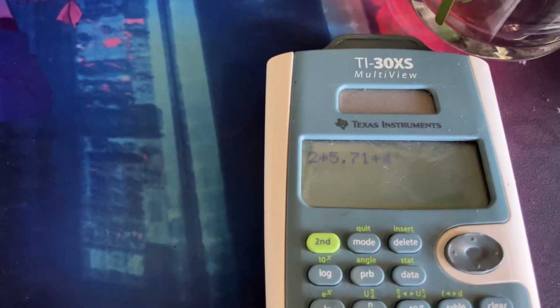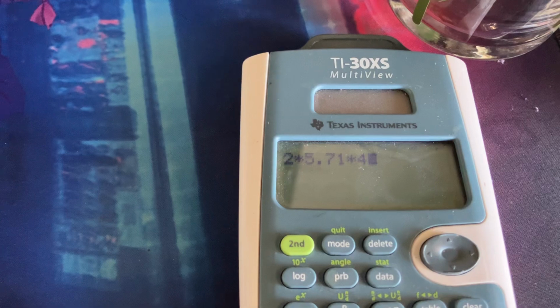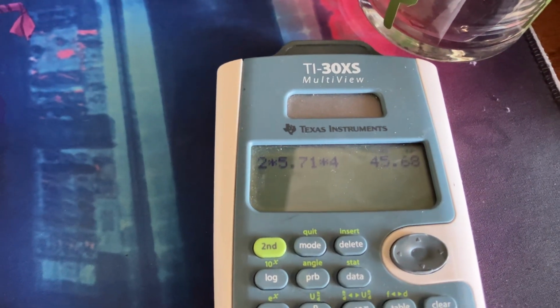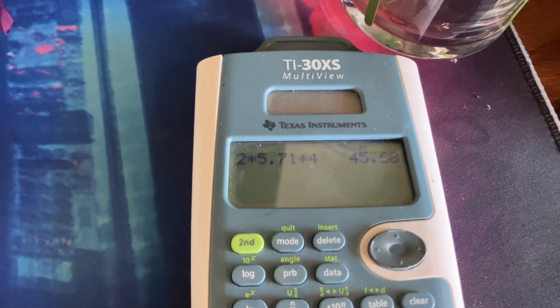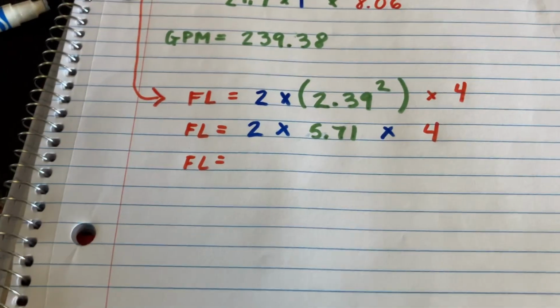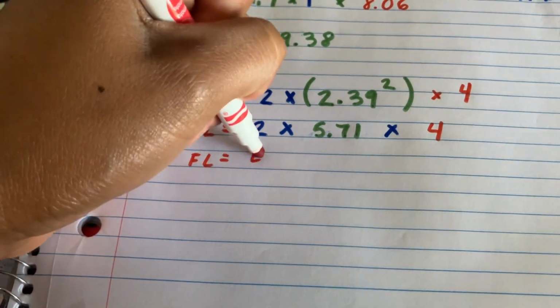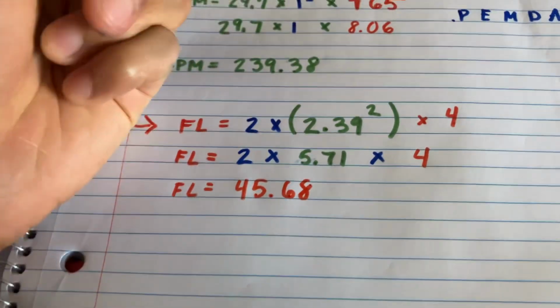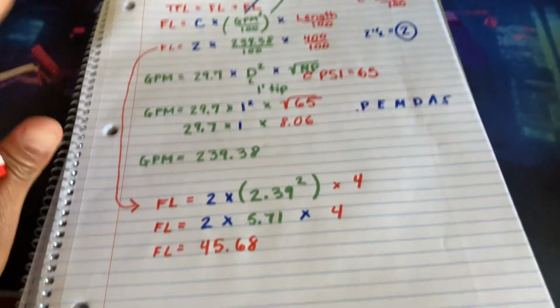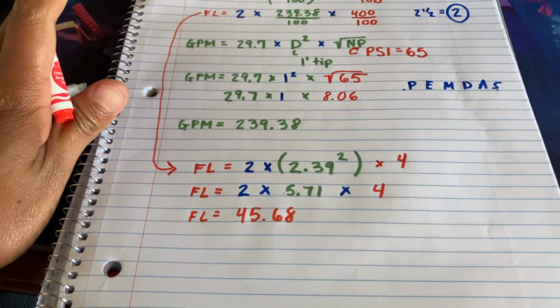So we've got 2 times 5.71 times 4, and that's going to give us our flow rate, which is 45.68. So our flow rate equals 45.68.